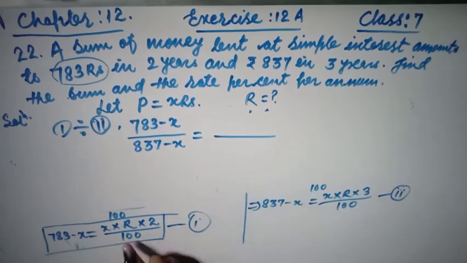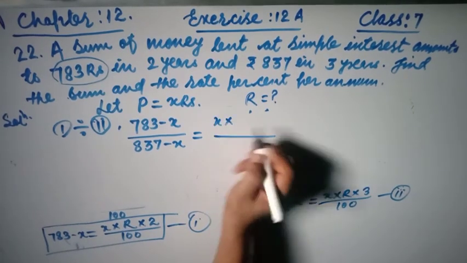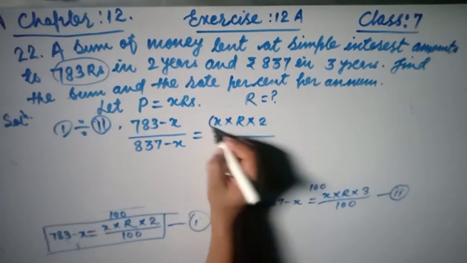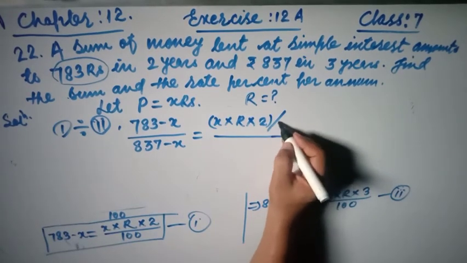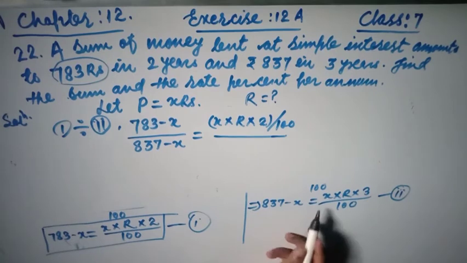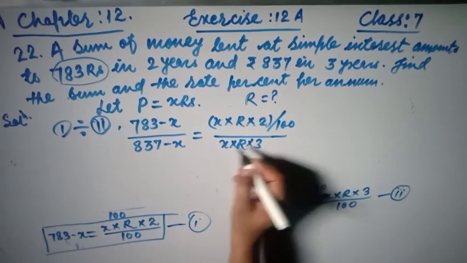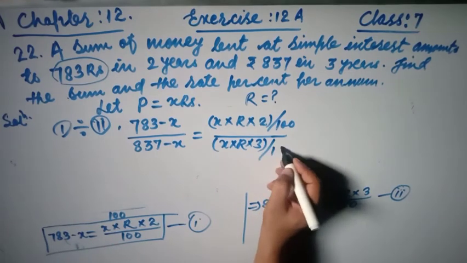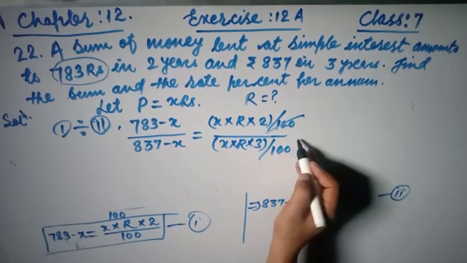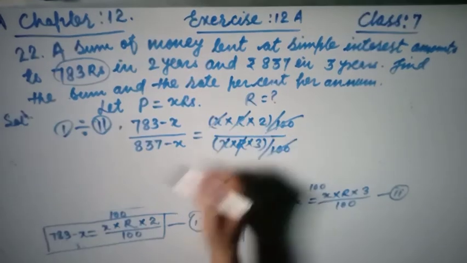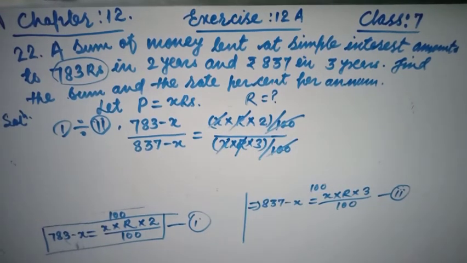So this is x multiplied by r multiplied by 2, whole divided by 100, and x multiplied by r multiplied by 3, whole divided by 100. So this 100 will get cancelled. Okay friends, so this r x will get cancelled. So up is 2.